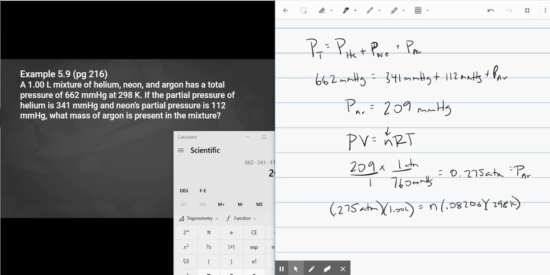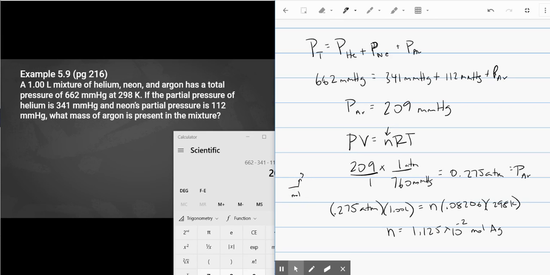All right, so solve for n. If we multiply these two together and divide by these, we're going to get 1.125 times 10 to the negative second moles of argon, but it asked us for grams, so this is an easy moles to grams problem.